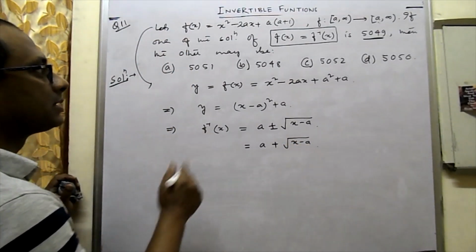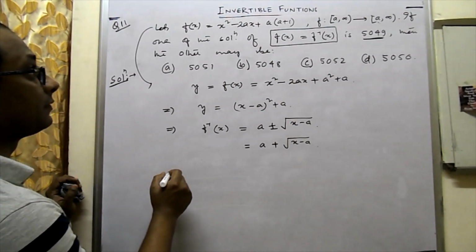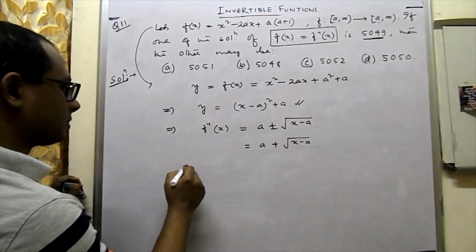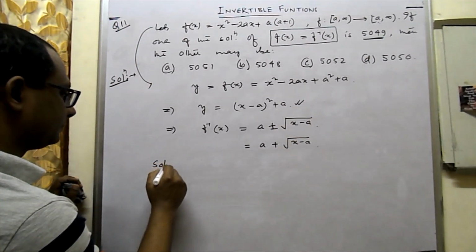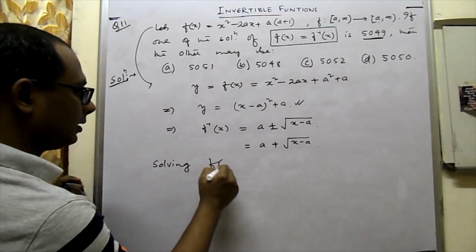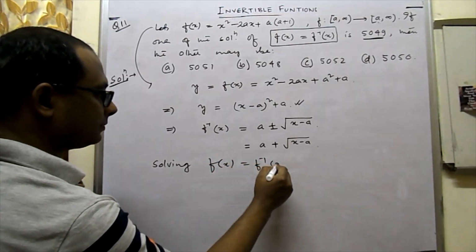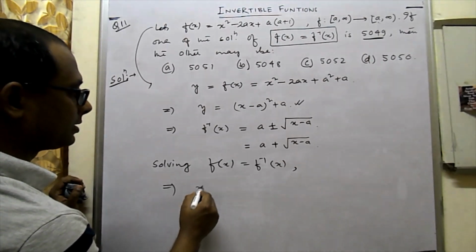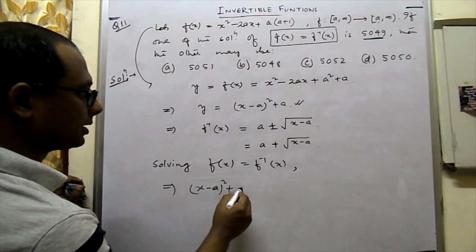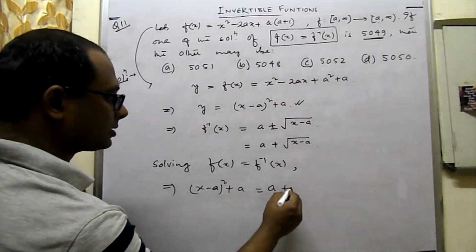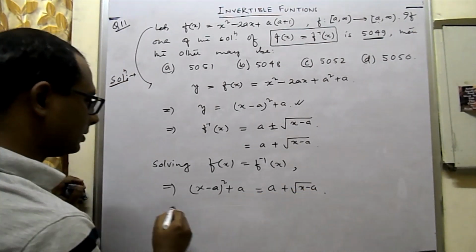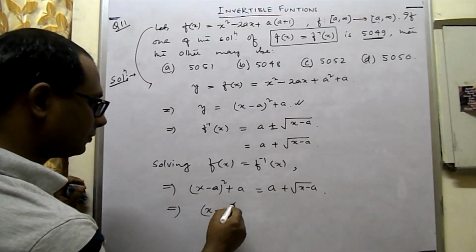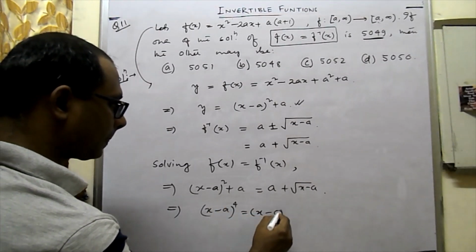Now all we need to solve is fx equal to f inverse of x. So fx in simplified form is this. Now solving fx equal to f inverse of x, we'll get x minus a whole square plus a is equal to a plus root over x minus a. So a cancels, and we'll be getting x minus a whole to the power 4 equal to x minus a.